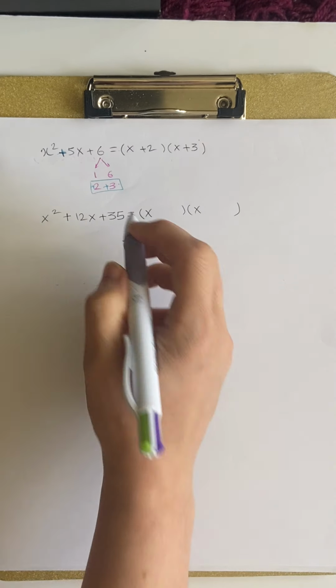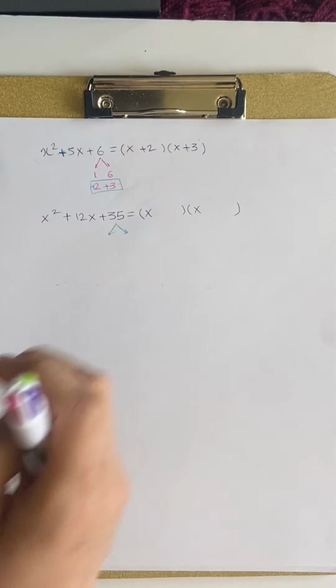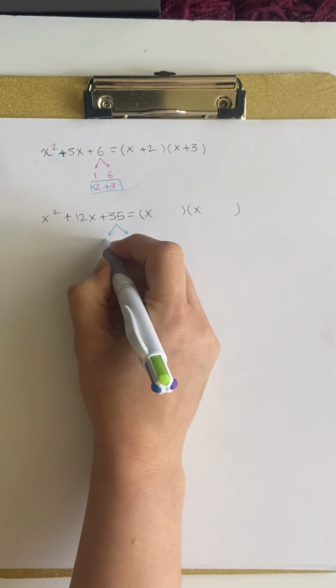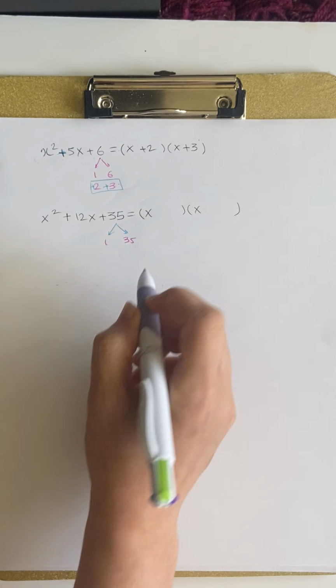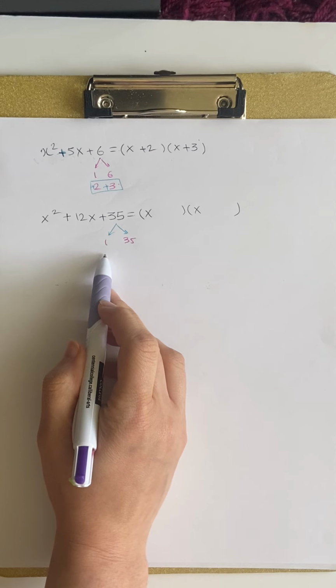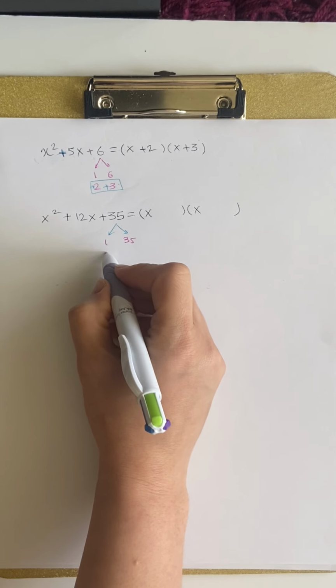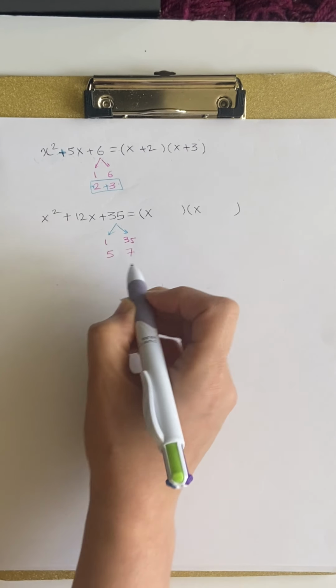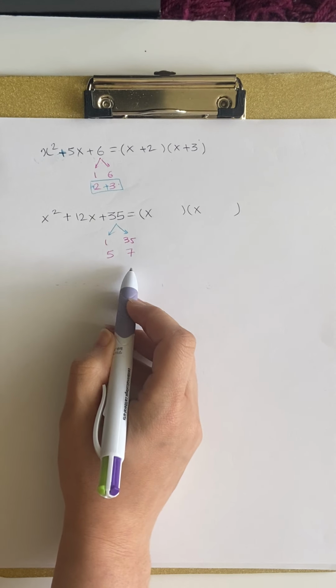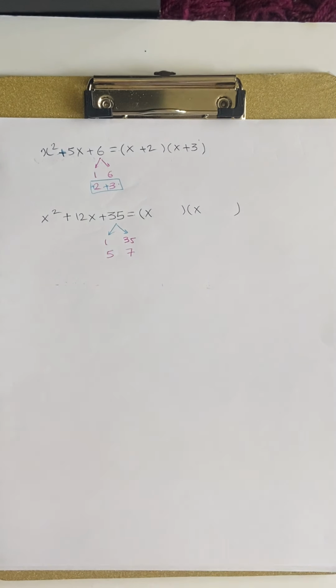Then we go ahead and break down our 35. What is 35? 1 times 35, 2 is not going into it, 3 doesn't, 4 doesn't, 5 goes in, 7. Next number is again 7 and 5. I don't have to repeat it. And that's about it, right? 35 is just 1 times 35 or just 5 times 7.